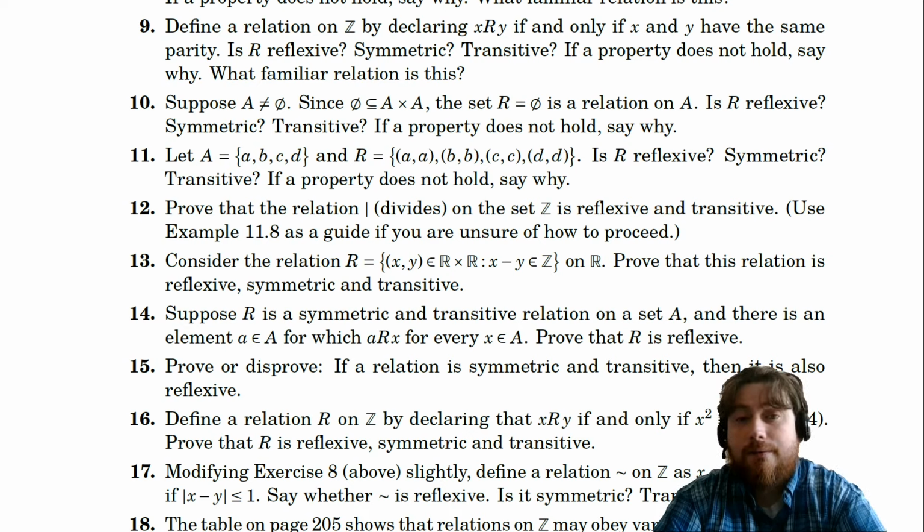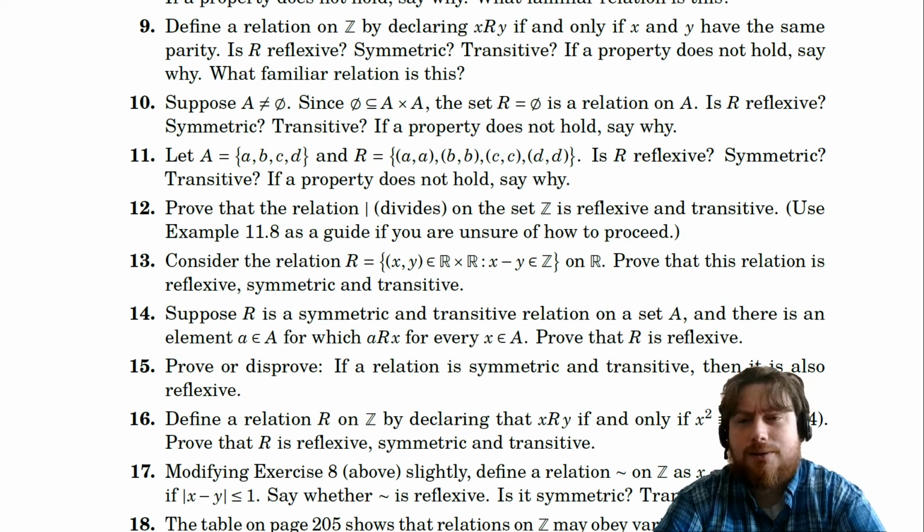The next thing we have here is that suppose we have a symmetric and transitive relation, and there is an element A in which A is related to X for every X in A. What we want to do is prove that R is reflexive. I'm going to leave that one up to you to do so that we can move on to the next one.